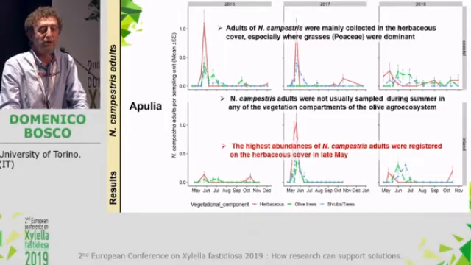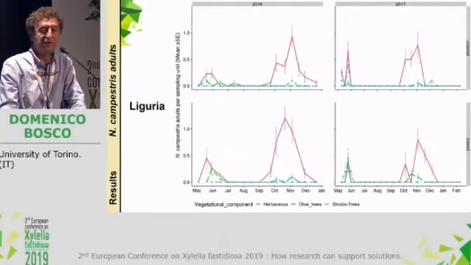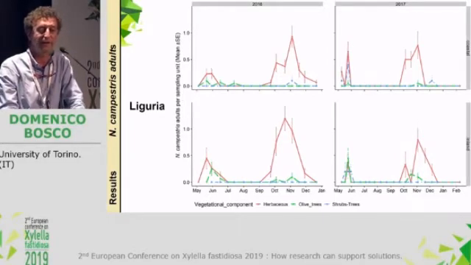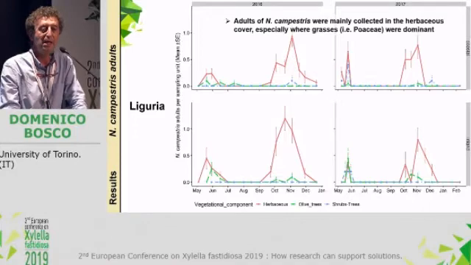The highest abundance of Neophilaenus campestris adults was registered early in the season, in late May. As for the Liguria situation, the population abundance has a different distribution.